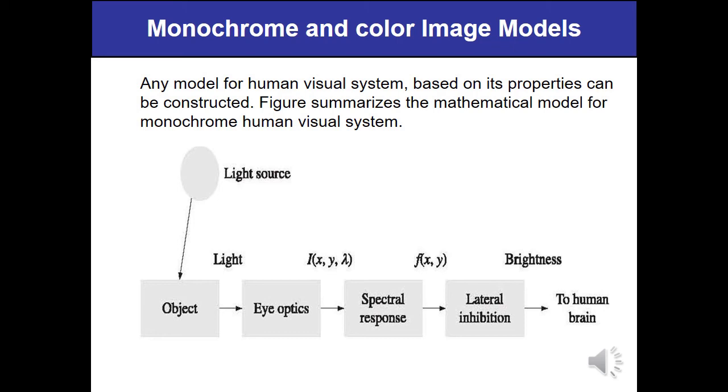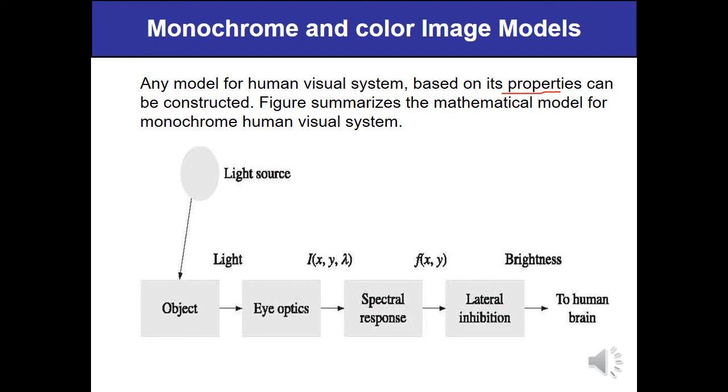A model for the human visual system can be constructed based on its properties, since a number of factors define the quality of photoreceptors, the quality of eye optics, and the transmission and processing of visual information, and therefore they finally impact the quality of the image.